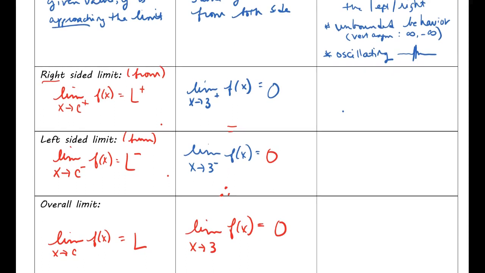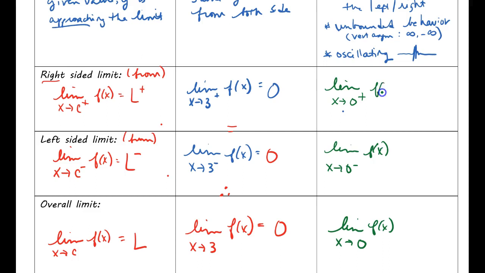Okay, now let's do another one from the picture above. Let's look at the limit as x approaches 0 from the right. We will look from the left, and we will try to decide what happens overall. So I'm just kind of filling all these in, then we'll go up to the top and we'll analyze this, okay?